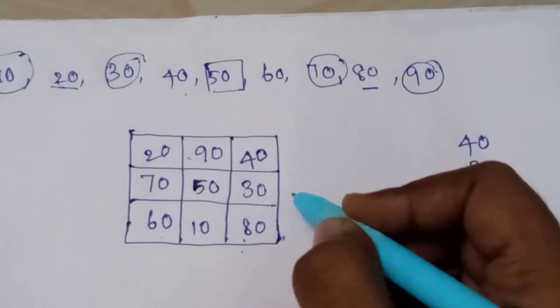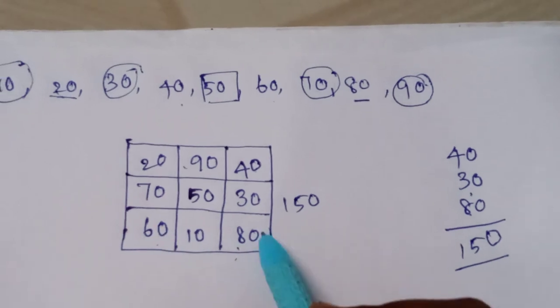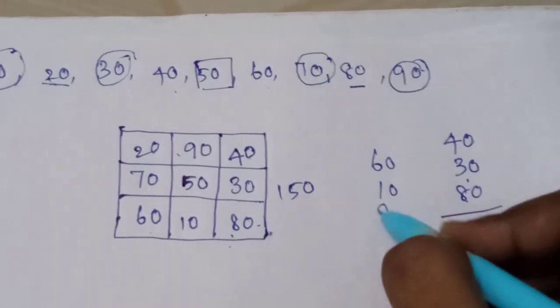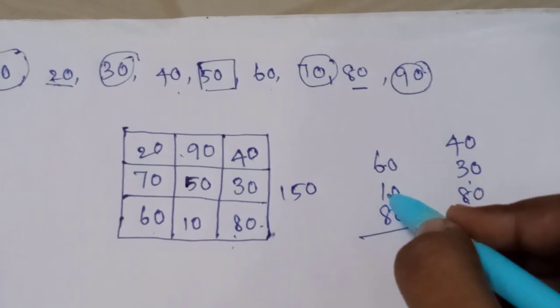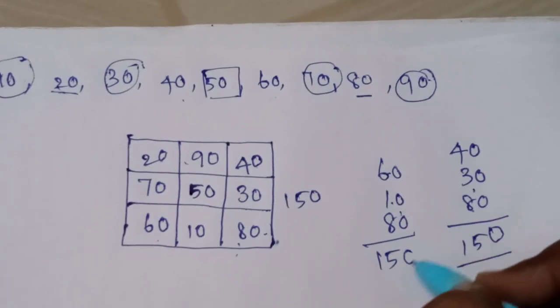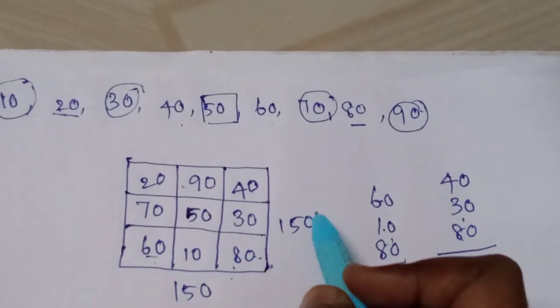So 150. Now add these three boxes, that is 60, 10, 80. So 6 plus 1 is 7, 7 plus 8 is 15. So write the 0 as it is. So 150. So this line is also 150, this line is also 150.